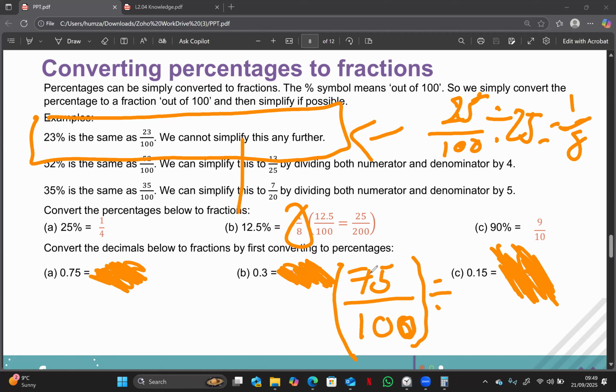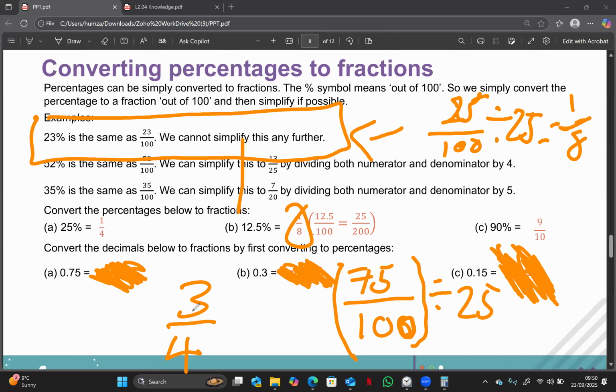Yes, you can do 5, but there's a bigger number as well. 25. Yes, it goes into both. So what's 75 divided by 25? It's 3. And what's 100 divided by 25? It's 4. 3 over 4.